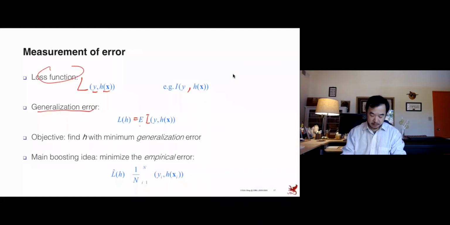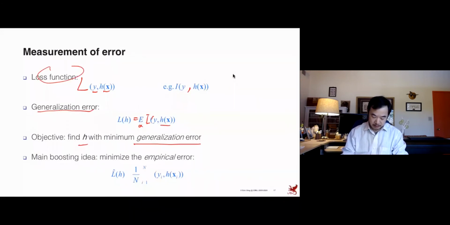This expectation is over the whole data set we are going to see in the future, and therefore you are counting basically the classification error on new data using the current classifier. And we want to find AH, not just fitting the training data, but also doing well on this generalization error.